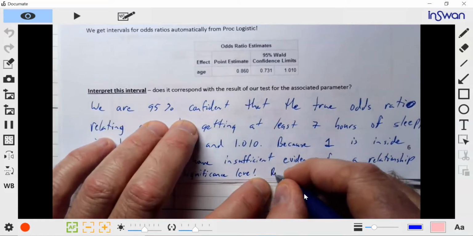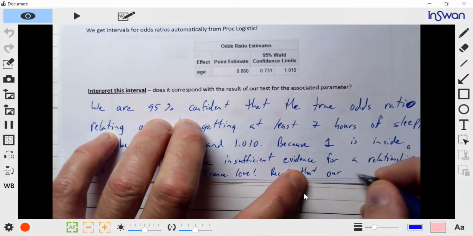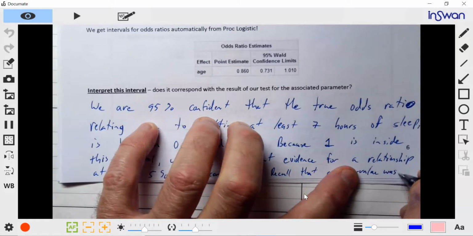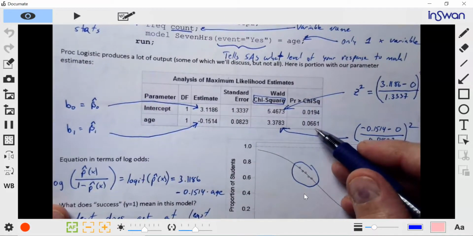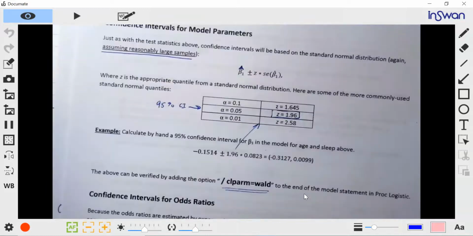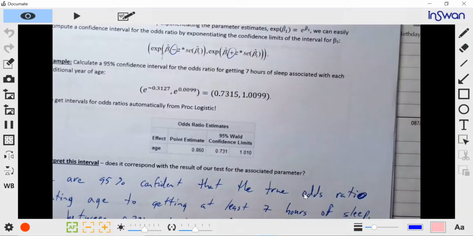Just recall that our p-value, if we look back at the table, the p-value on the slope was 0.0661, which is not less than 0.05. So if we're talking about the 5% significance level, this value is not less than 0.05.